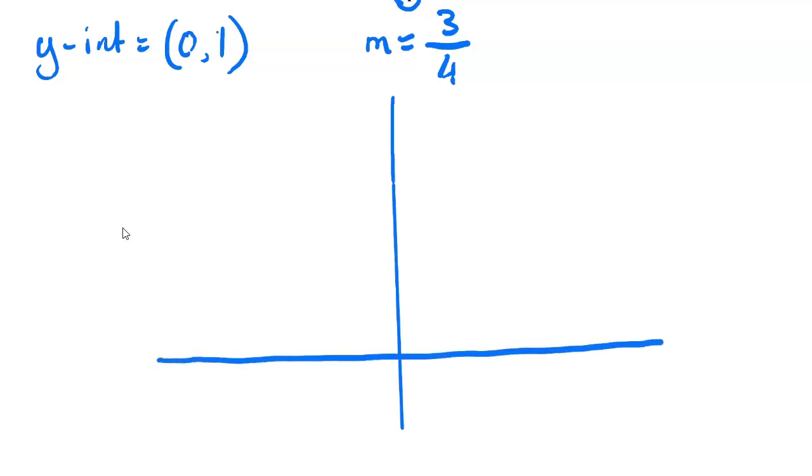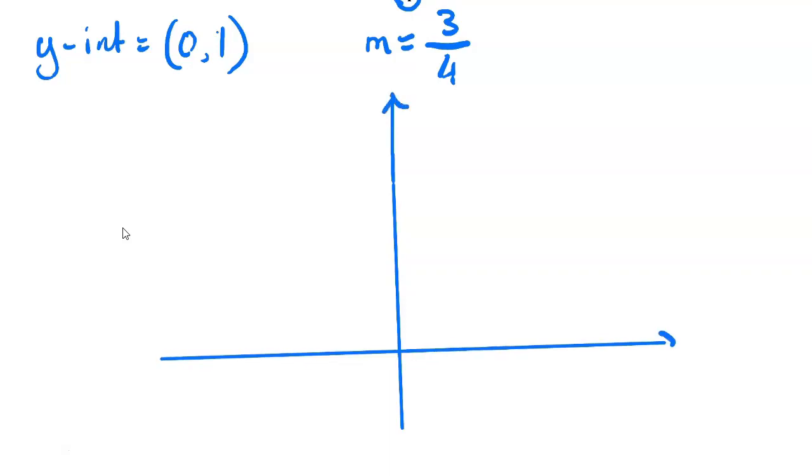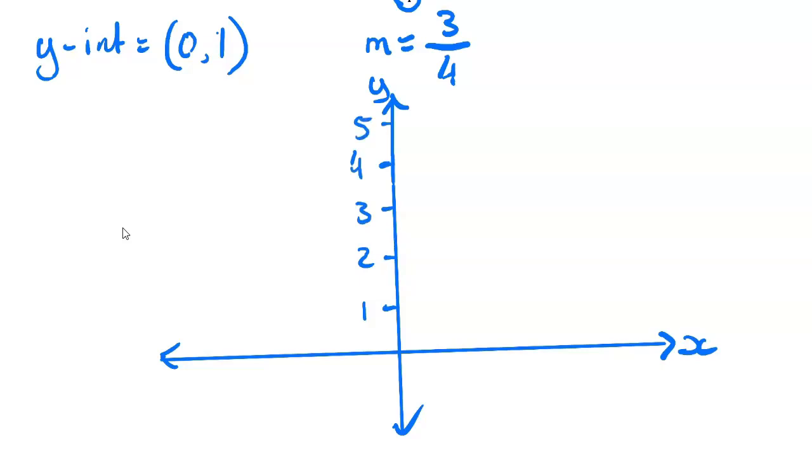Now, I'm not putting the x-axis exactly in the middle of my y-axis here, because I can look at this and go, okay, I'm starting from +1. I have to go up 3, so I have to make sure that I'm showing plenty of that y-axis. So let's put in our scale. Okay, so 1, 2, 3, 4.